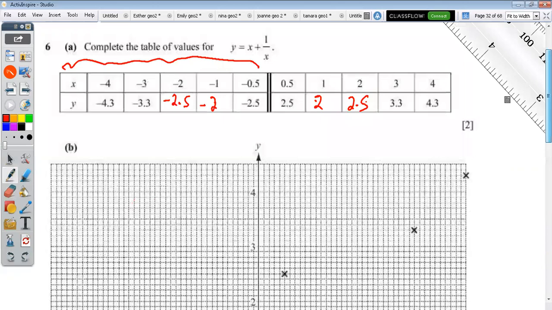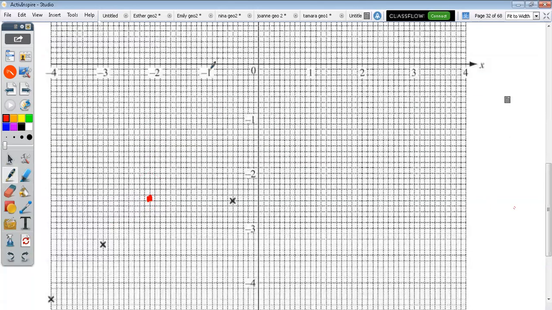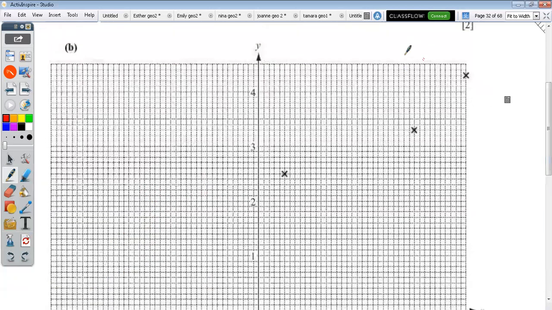Then what? -1, -2. Are you happy? Yes, sir. Then we draw a smooth curve like that. Then we go to the next part.